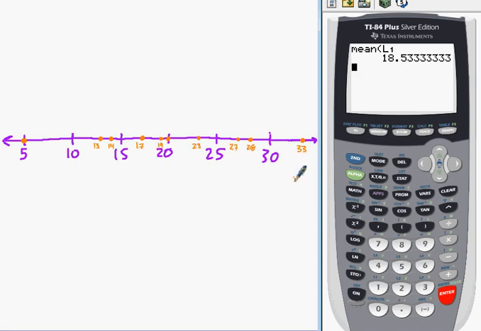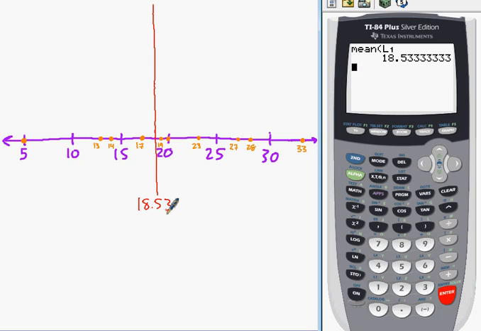So now what we want to do is mark where the center is, which is our 18.53, which is going to be somewhere around here. And I'm just going to do a big slice right here. 18.53, there's our mean.